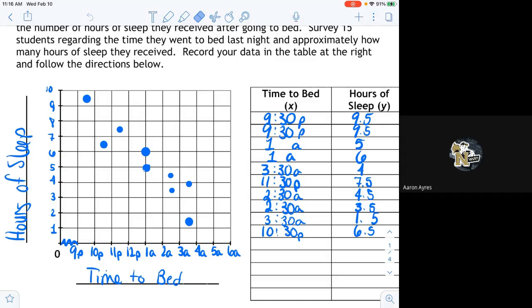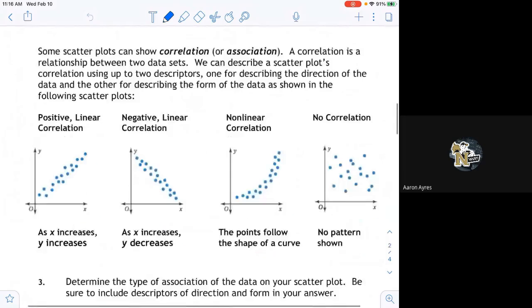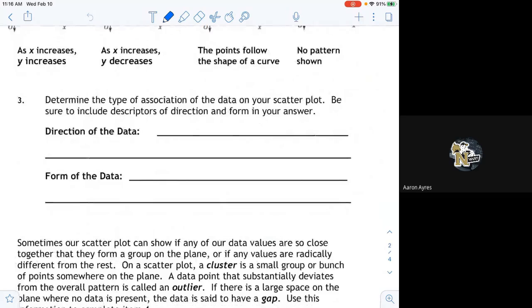So on problem 3, we're going to answer those two questions. We're just going to write the data has a negative direction.